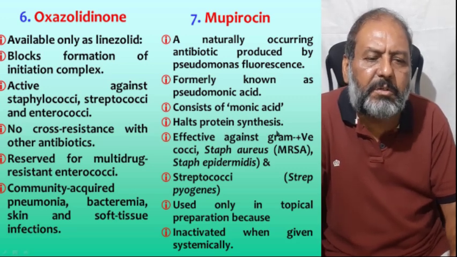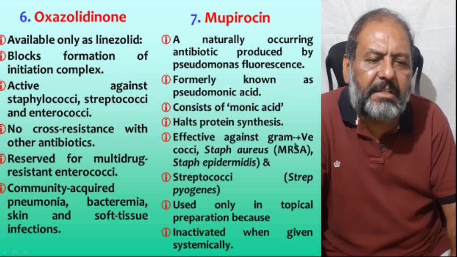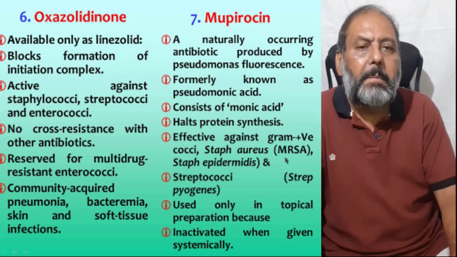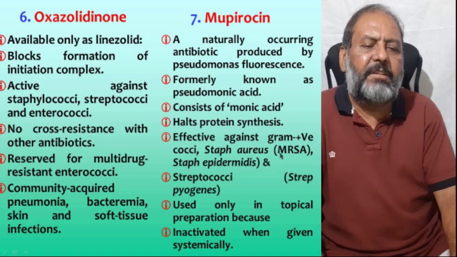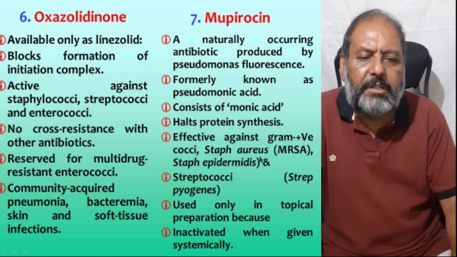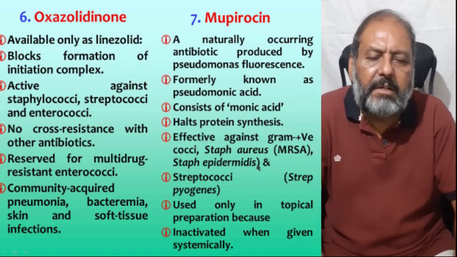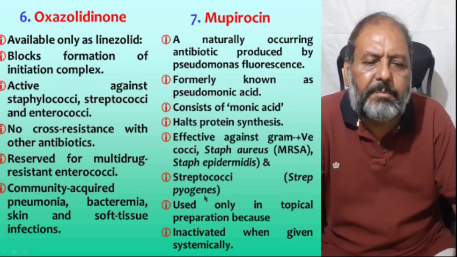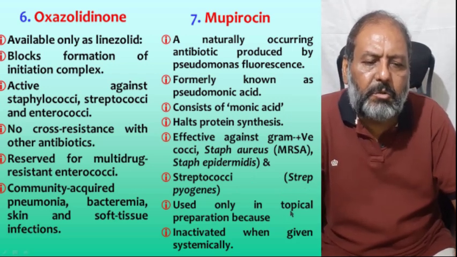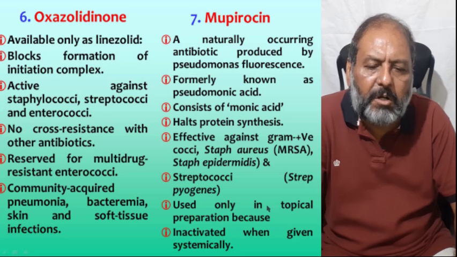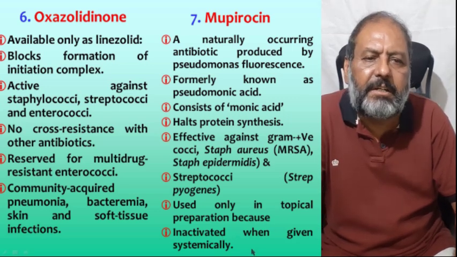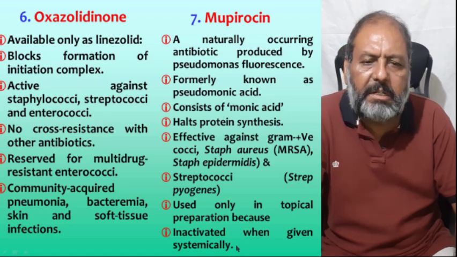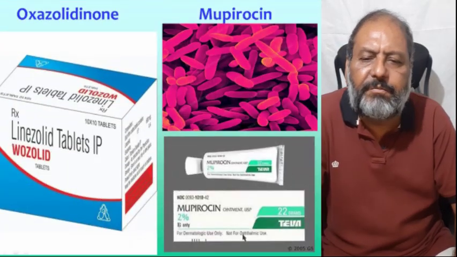It halts protein synthesis and is effective against gram-positive cocci, Staph aureus, MRSA, methicillin-resistant Staph aureus, Staph epidermidis, and Streptococcus like Streptococcus pyogenes. It is used only in topical preparation because it is inactivated when given systemically. So locally and topically it is very effective.